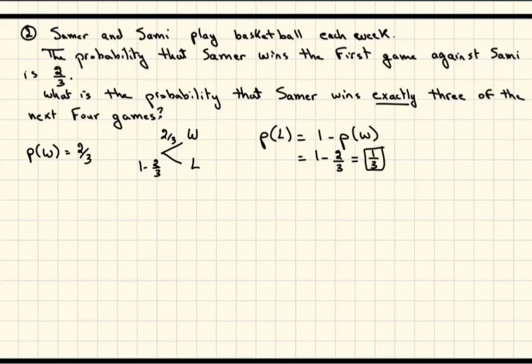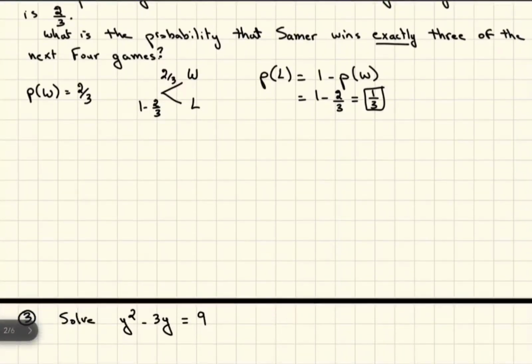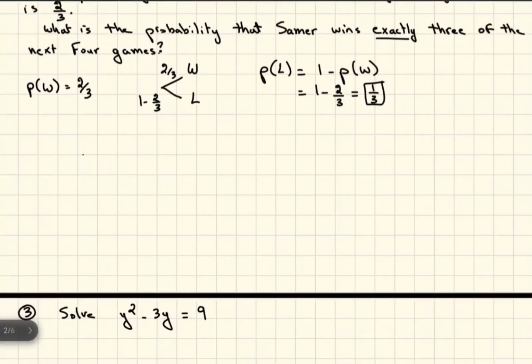Now, knowing this idea, I have to find, out of the 4 games, I want Samer to win exactly 3 games. Now, he can win the first, win the second, win the third, and lose the fourth.